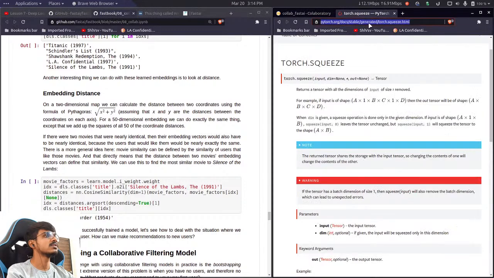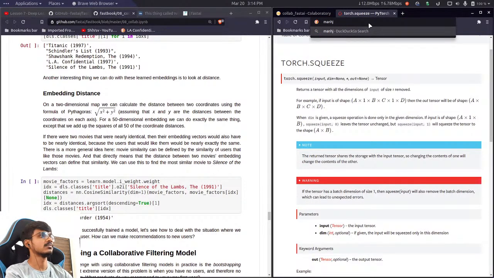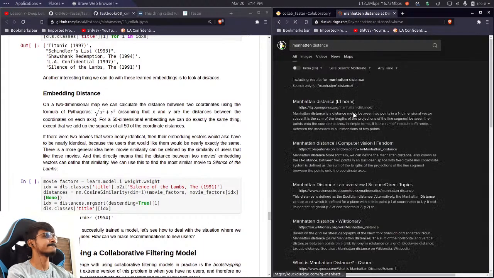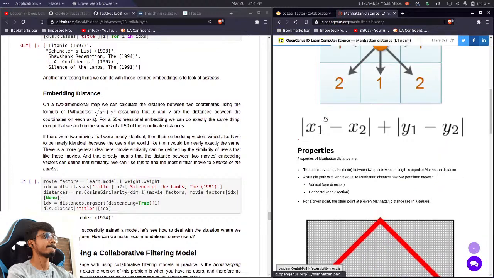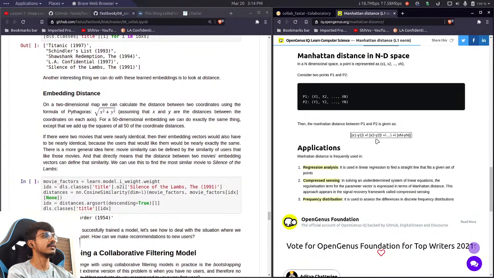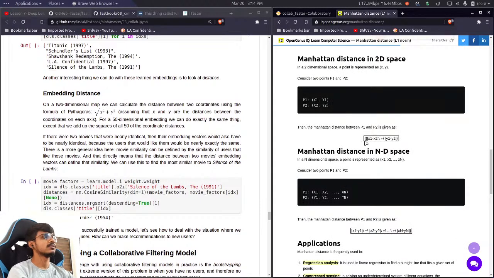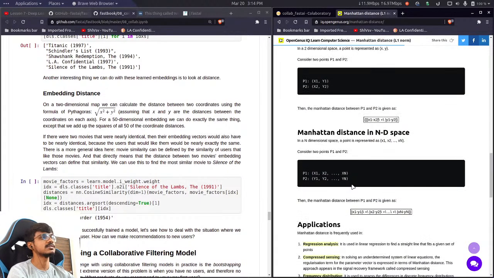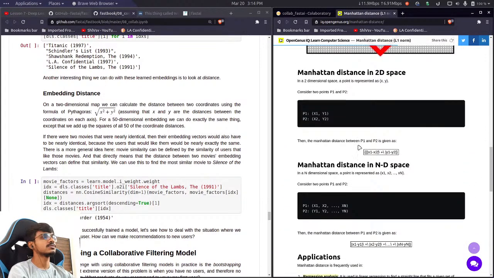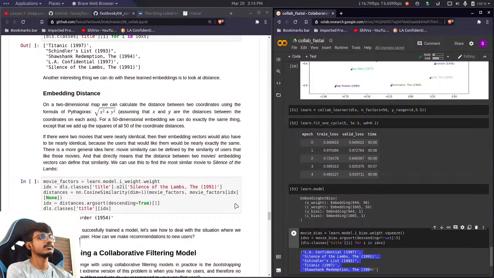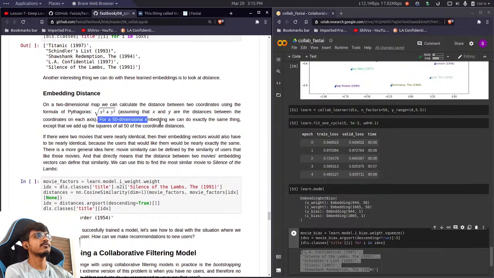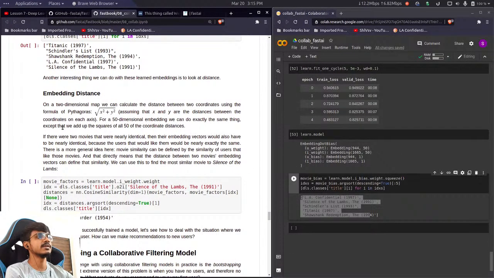Let me Google it. Alright, so it doesn't contain the square root, but it does contain the absolute values of the subtraction. Cool. For a 50-dimensional embedding, we can do exactly the same thing, except that we add up the squares of all the 50 coordinate distances.